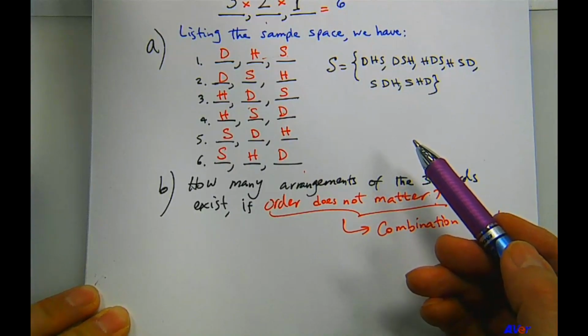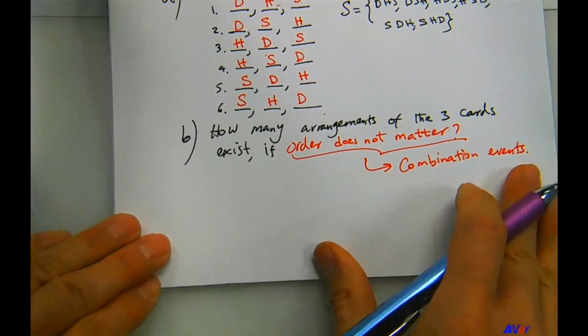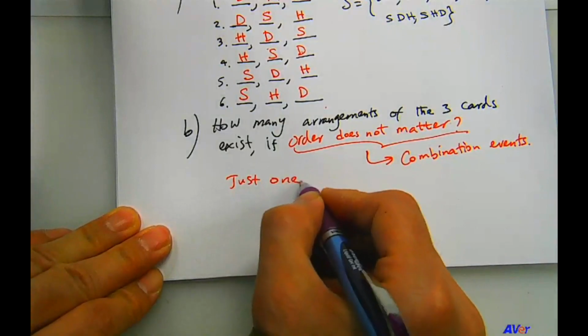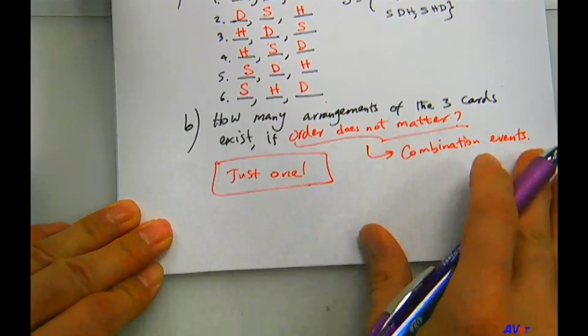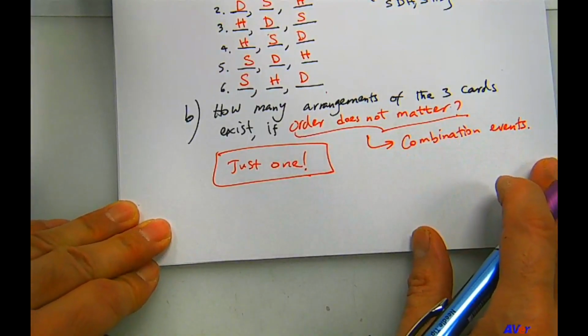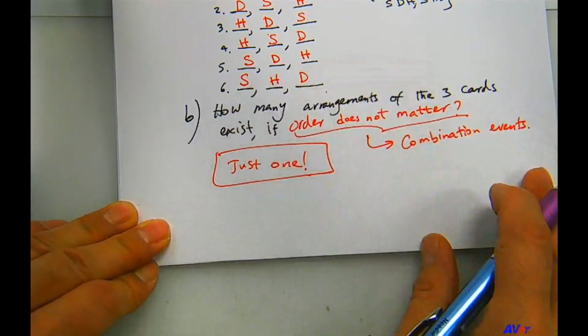Well, just one. It's the same set of cards, right? So just one. Just one possibility of arranging these cards if order of these cards does not matter.